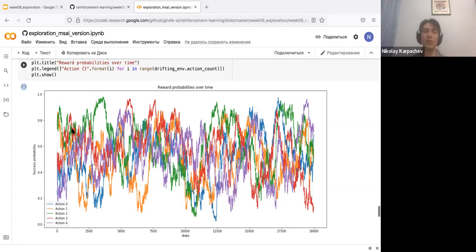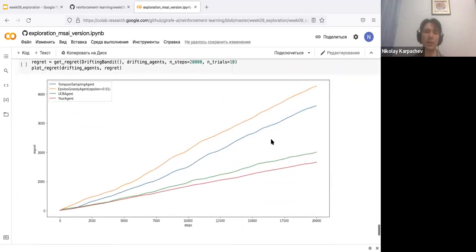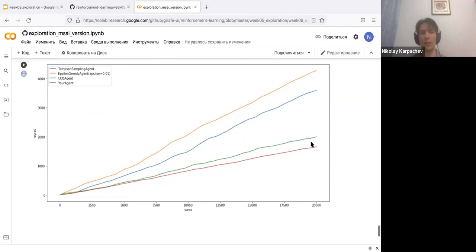When the distribution changes, my intuition is that the confidence interval will expand and the upper bound will become high. This will allow the agent to switch between actions after some time. Something like this, and your task is to do better than this.